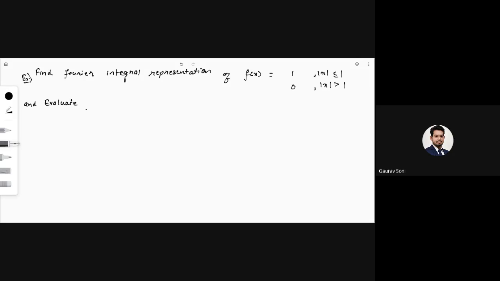And hence evaluate integral 0 to infinity sine lambda cos lambda x divided by lambda d lambda, and integration 0 to infinity sine lambda by lambda.